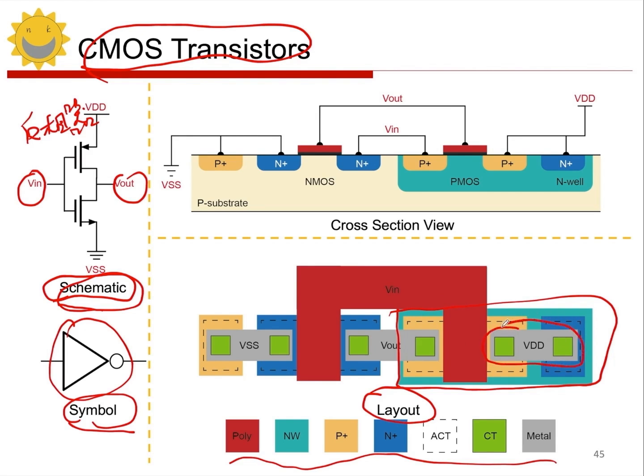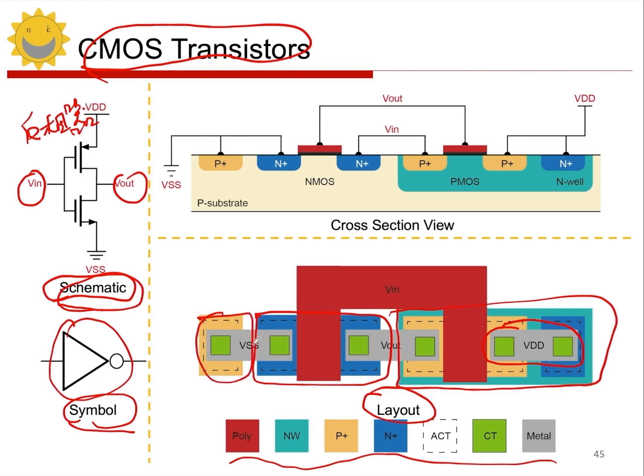Now, looking at the left side, we have the NMOS. The NMOS is directly processed on the P-type substrate, so we don't need to draw any wells. We just draw the active region and directly add the N-type injection outside the active region. Then, using polysilicon, the NMOS device on the left is formed. The NMOS substrate is P-type, so we need to do a P-type injection next to it.